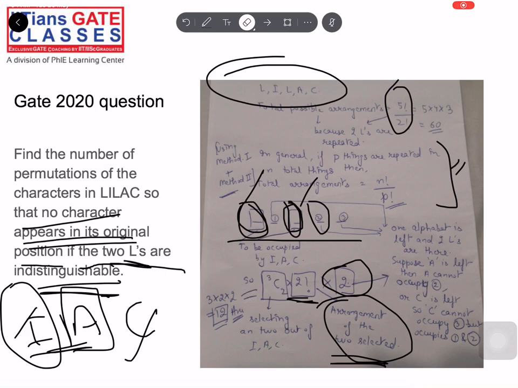This is why the answer for this question would be 3C2 into 2 factorial, done. And then the last 2 is because whatever letter is left will occupy out of 1, 2 and 3 position any two positions but not the third one. So the answer for this is 3C2 into 2 factorial into 2, that is 12 number of ways. So 12 is the correct answer.